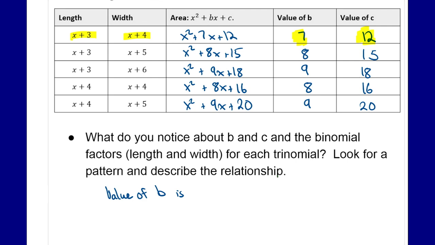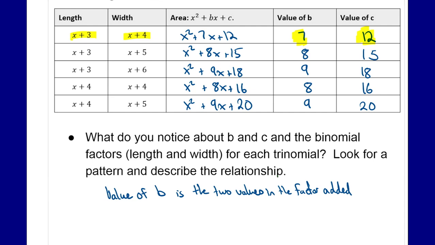What we should notice is that the value of b is the two values in my factors added together. If I look at 3 and 4, 3 and 4 add to 7.